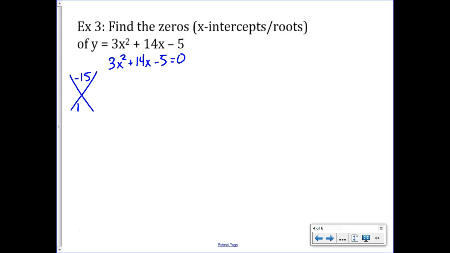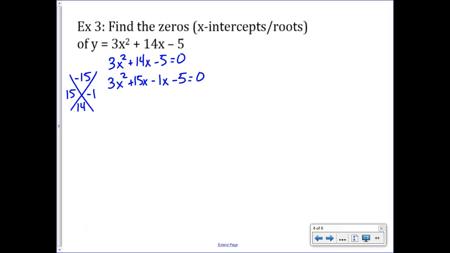And then I want to know when it adds to 14. So two numbers that multiply to a negative 15 that adds to a positive 14, I would say are positive 15 and negative 1. So I have 3x squared plus 15x minus 1x minus 5 equals 0.